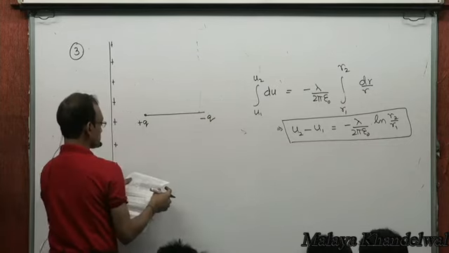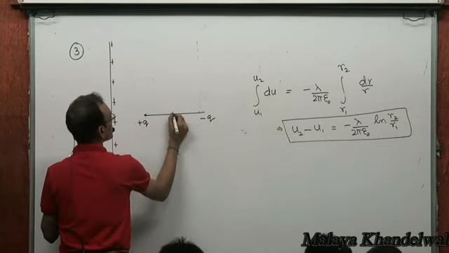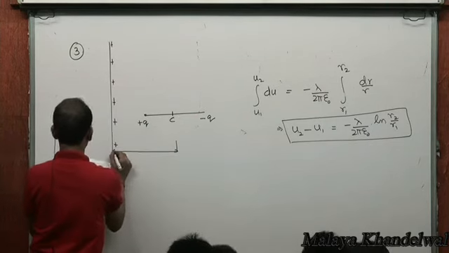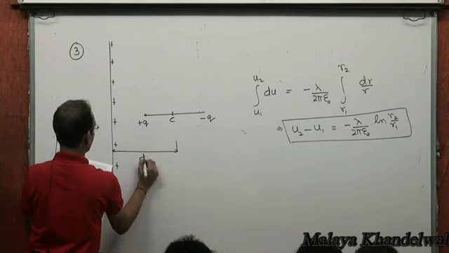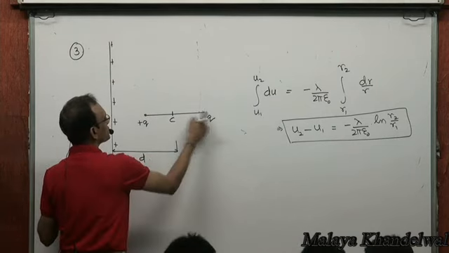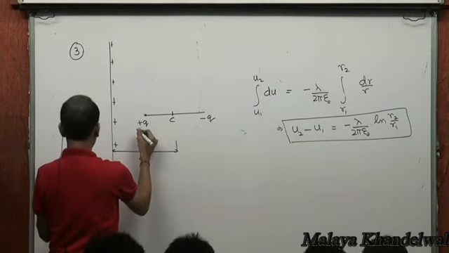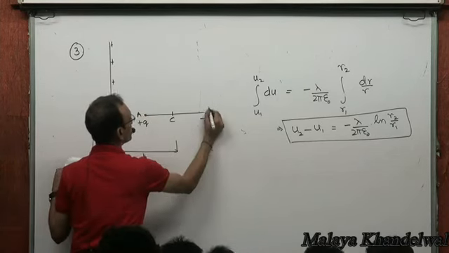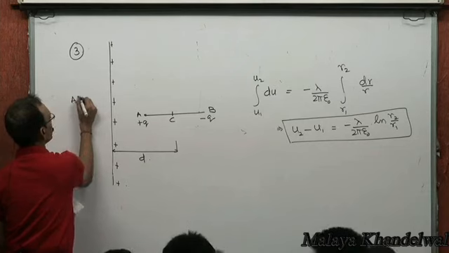There is a charge plus q and minus q, separated by a distance d, and the separation between the two charges, say, is given to be 2L. Say I call it A, I call it B. AB is given to be 2L.